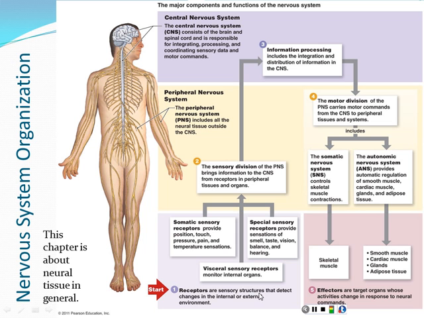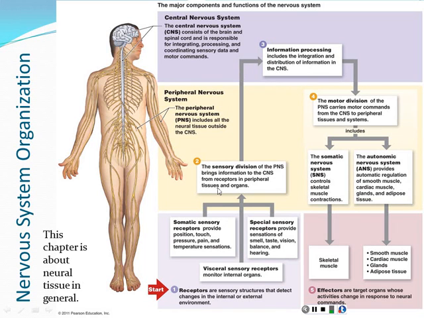We have receptors, and receptors create information based on the environment around us or based on changes inside, things like blood pressure, heart rate, that kind of thing. So receptors create a stimulus in response to something. That stimulus from the receptors then has to make its way into the central nervous system.